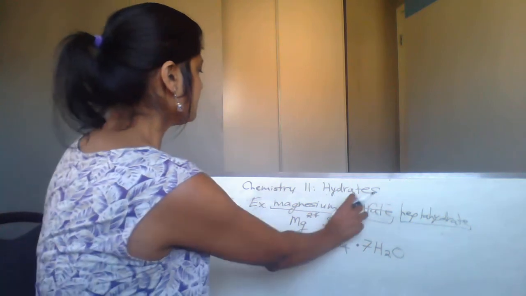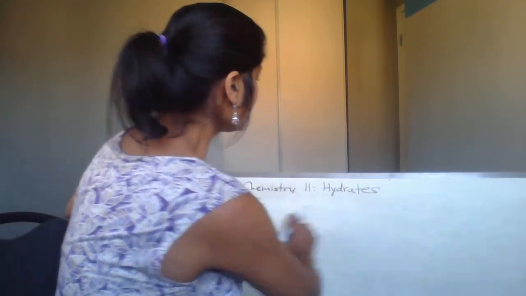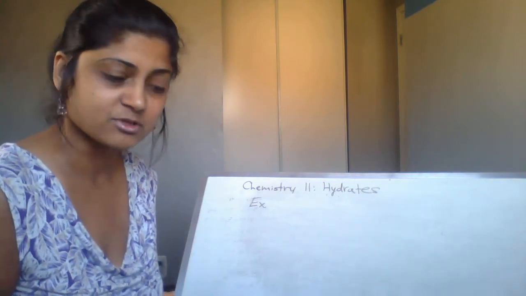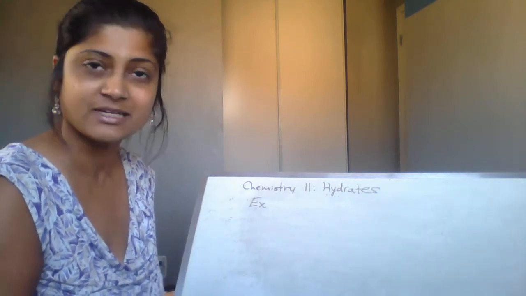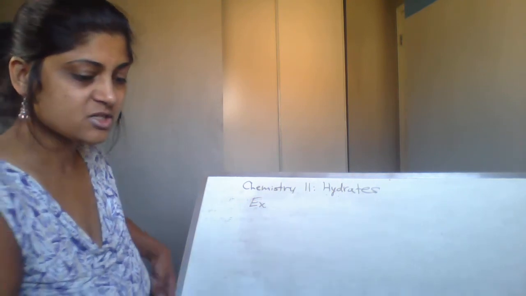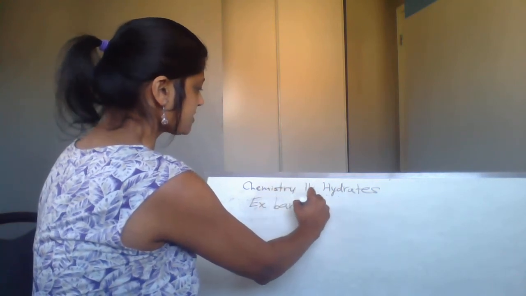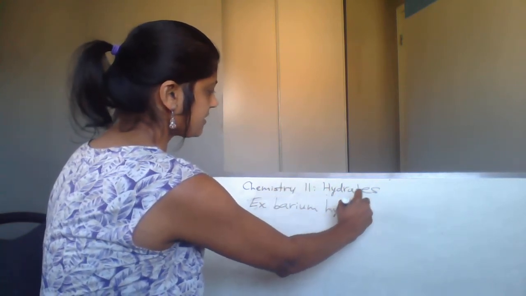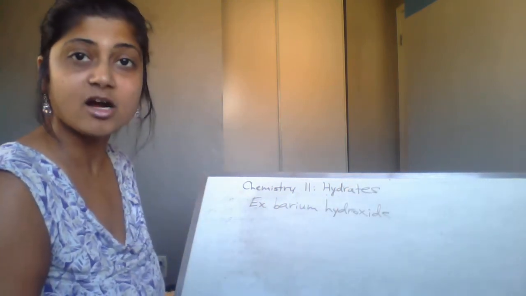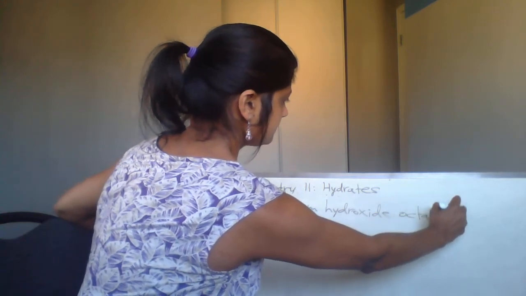I'm going to take this off, and I'm going to keep changing the number of water molecules attached to the compound, so we get really good with naming the compound as well as writing the formula. Let's try this one. In the book it says barium hydroxide octahydrate.